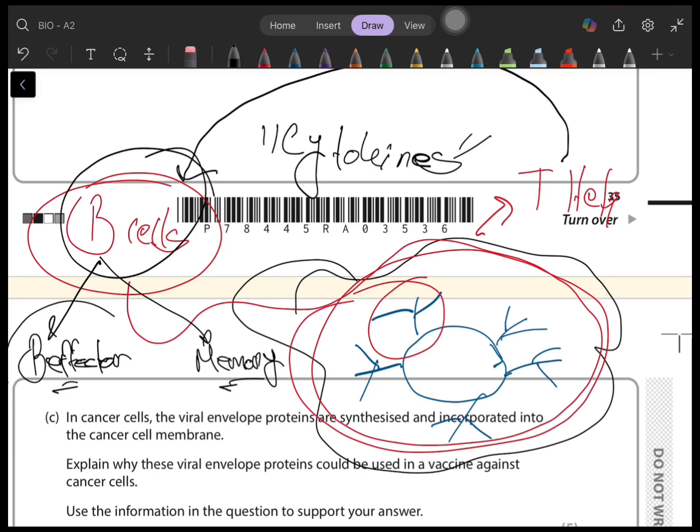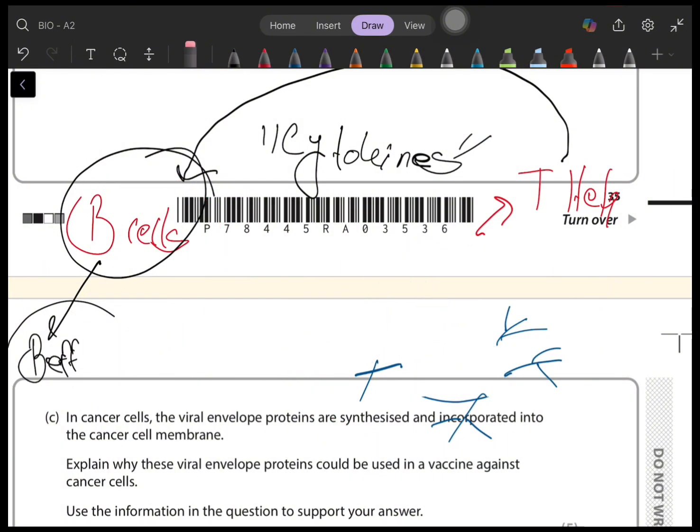The B effector cells would then differentiate into plasma cells, and the plasma cells are responsible for producing antibodies, right? As memory cells are produced, these provide immunological memory.